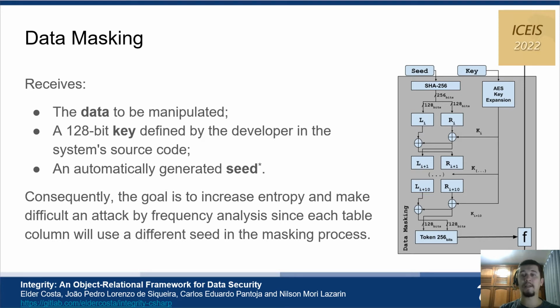So that is why Integrity is an object-relational mapping framework, because we need to define the table and the properties of the object to retrieve this information and generate a seed from that. Consequently, the goal is to increase entropy and make an attack by frequency analysis difficult, since each table column will use a different seed in the masking process.